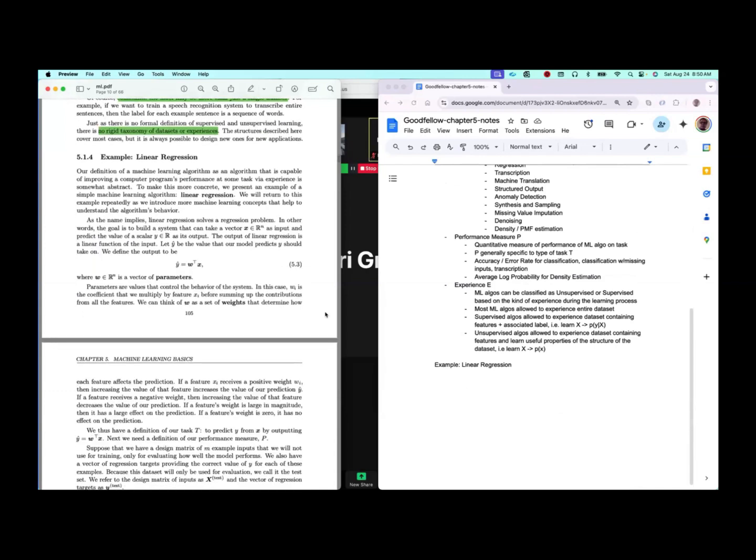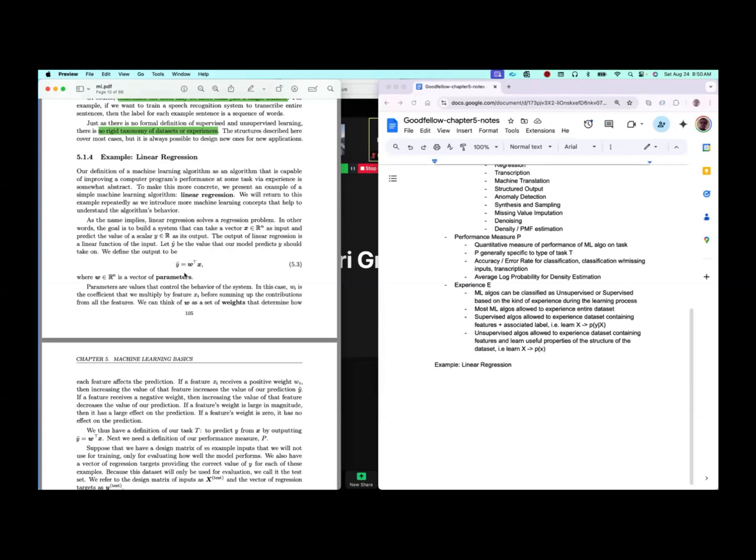The next bit is basically linear regression. So the idea here is that we are trying to find a bunch of weights. We are given a set of examples with features, expressed as a design matrix X. We are given a set of labels, like class labels, or in this case regression outputs, like continuous outputs, that are Y. And our task is to find a set of weights which can be applied to the specific features.